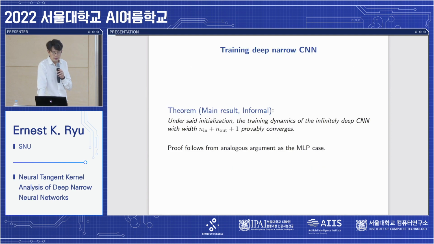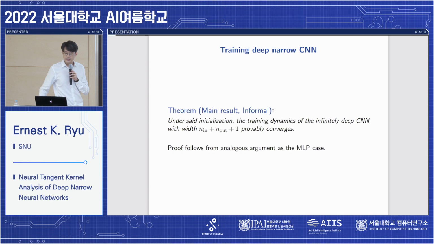And here is our main result. We show that under this initialization, the training dynamics of this infinitely deep convolutional neural network with this particular width also provably converges. So this is a trainability guarantee. The proof follows basically the same line of argument as the MLP case.